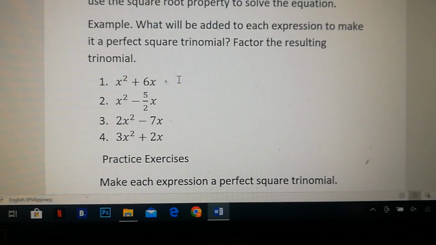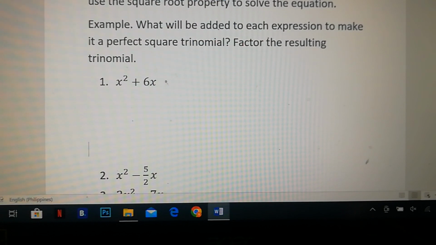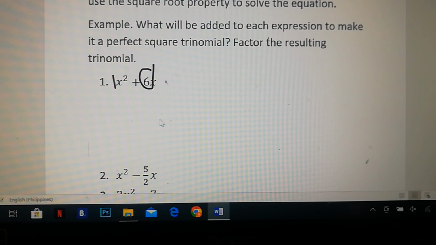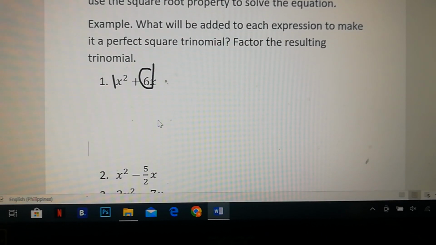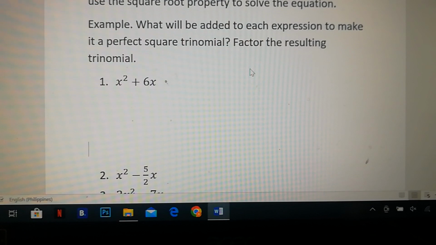Okay, number 1. First, we get 1/2 of the coefficient of the linear term, since the coefficient of the quadratic term is 1. Then square the result. So 1/2 times the coefficient of the linear term, which is 6.